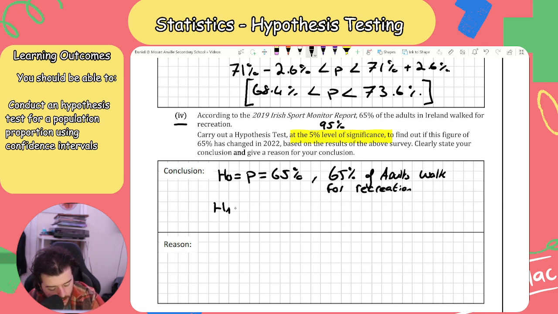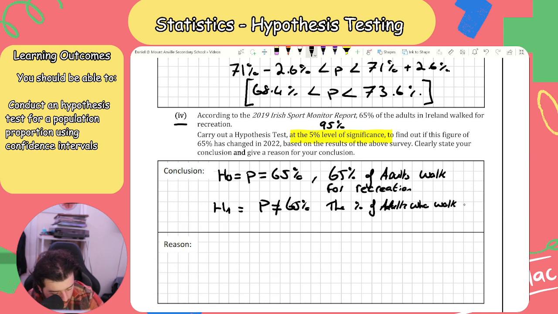Then my alternative hypothesis would be that it has changed. So my population proportion is not equal to 65% anymore. So the percentage of adults who walk is not 65%.